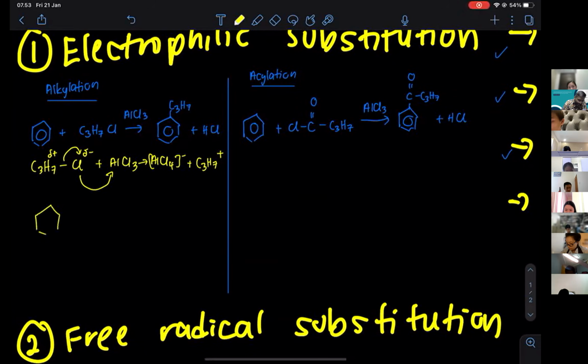You just put the benzene and react with C3H7+. This one will come over here, and you will get the intermediate with H and C3H7.